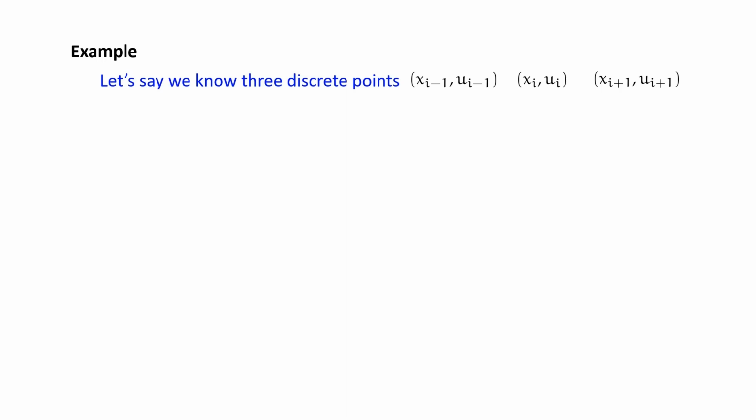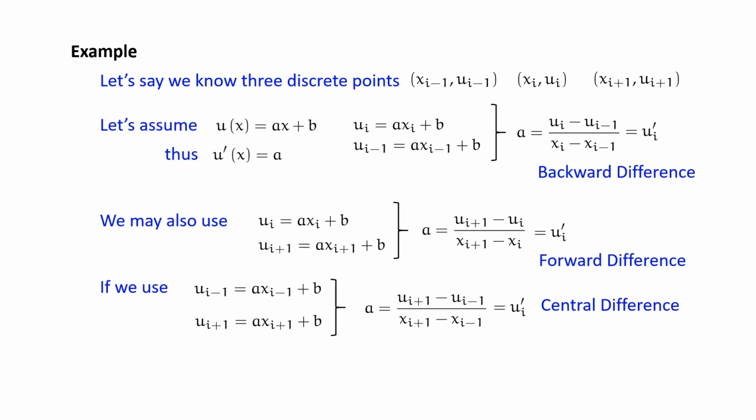Now we want to take a derivative at x_i. So we have to fit a polynomial over these three discrete points. The simplest possible polynomial we can fit is ax plus b, that is a straight line. But for a straight line, we don't need three discrete points, we just need any two. So we can pick any two and fit a straight line.